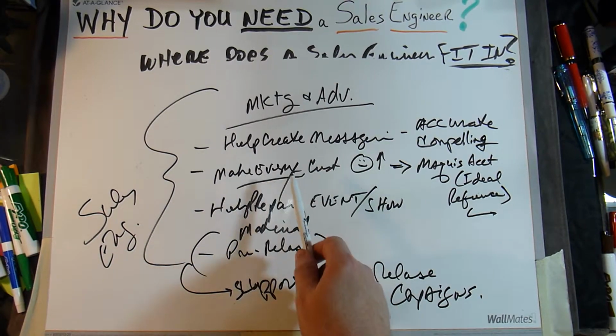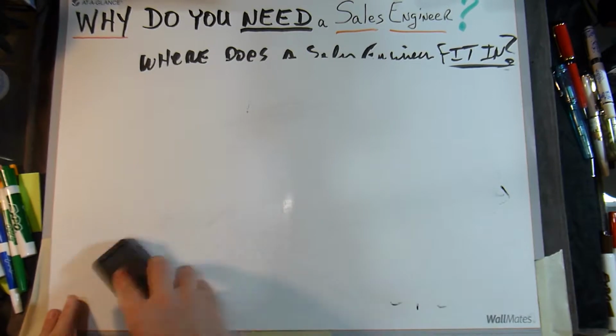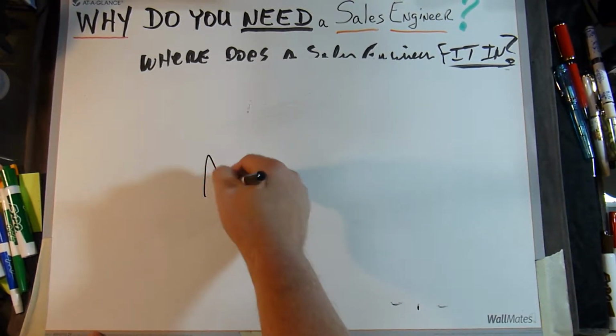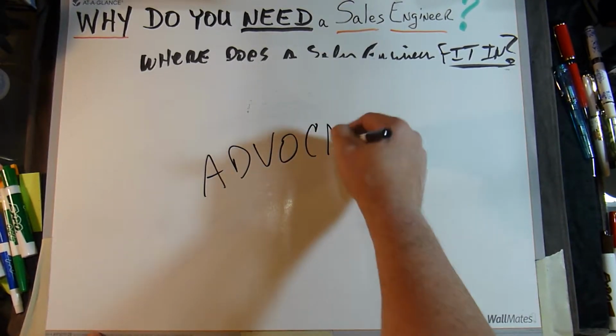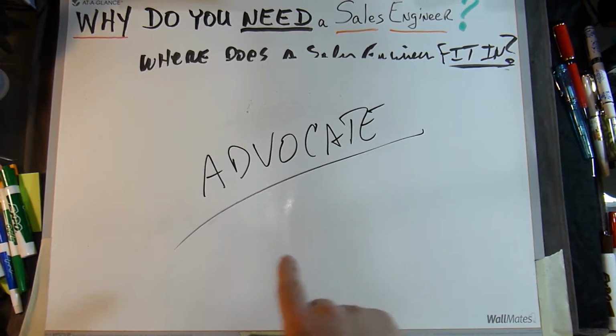But ultimately, we are one thing and one thing only. We are an advocate for everybody, internal and external customers. We got your back. That's what a sales engineer is. We make everybody else successful. And now you have a good idea as to how exactly that happens.